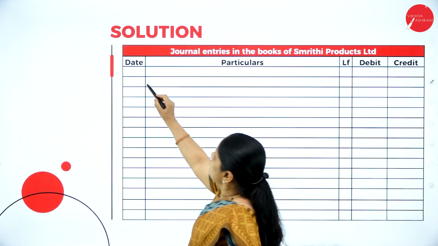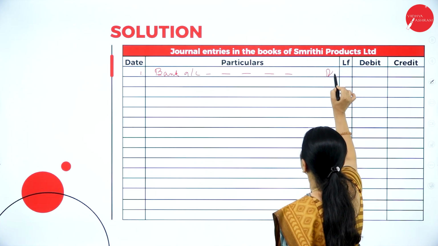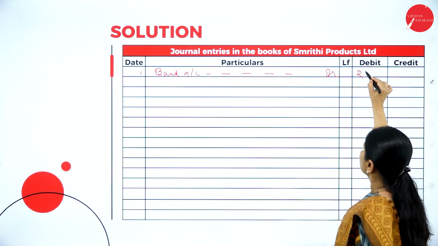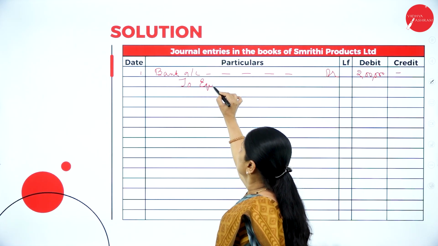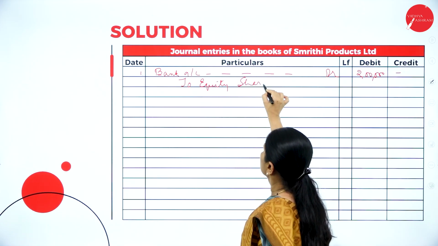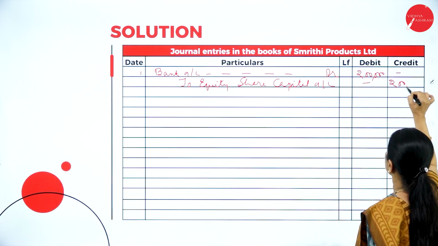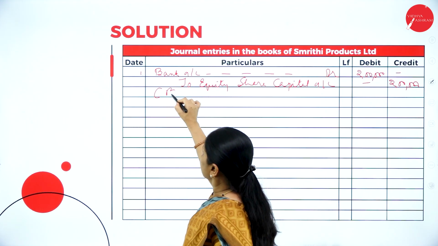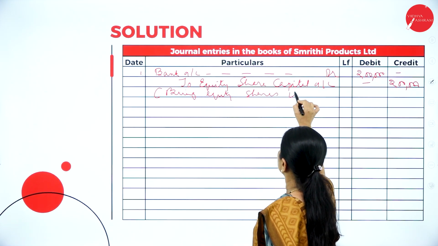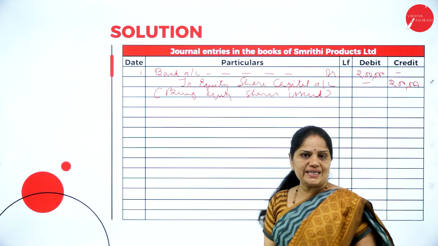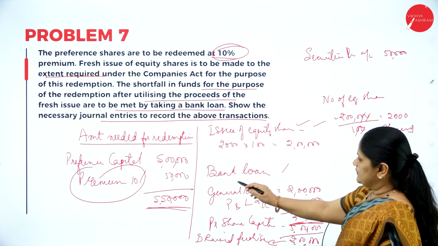I will write: Bank account debit 2 lakhs, to equity share capital account 2 lakhs, being equity shares issued.